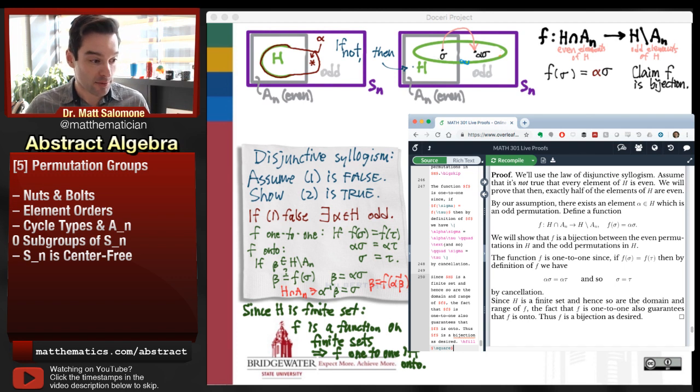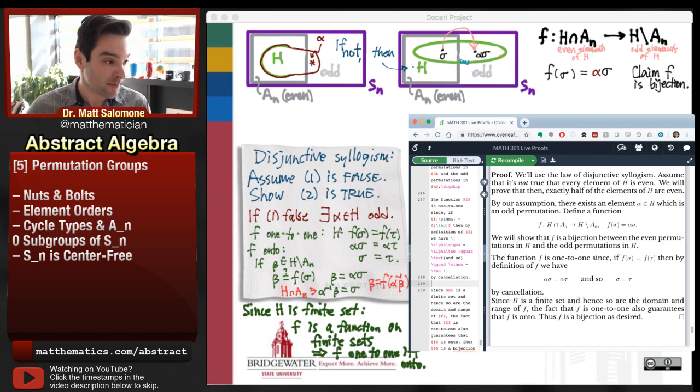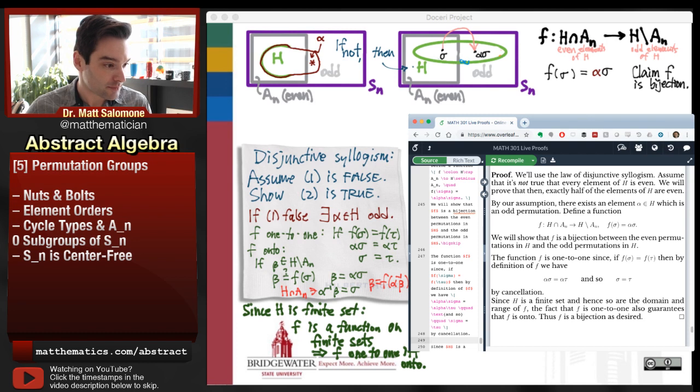I guess the one thing I didn't write down in our proof here, and so why don't I add this in here? The function f turns even permutations odd, since if sigma is an even permutation, then alpha sigma is a composition of odd with even, which is an odd permutation.